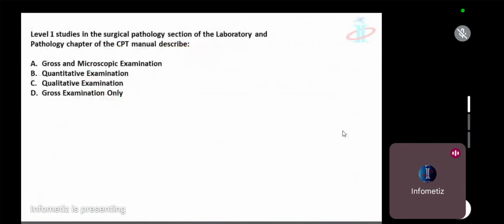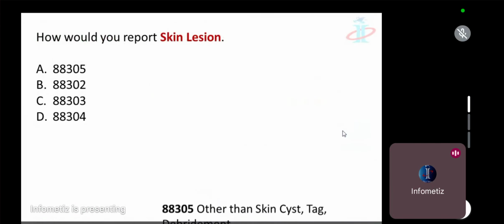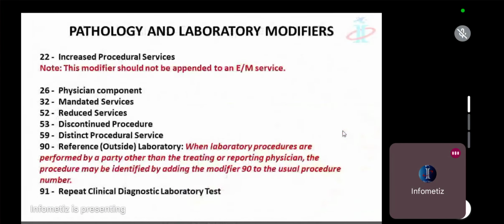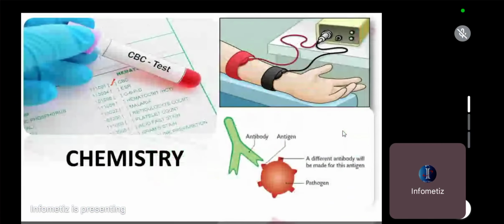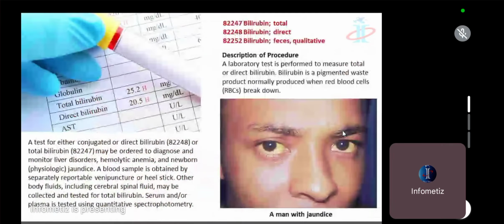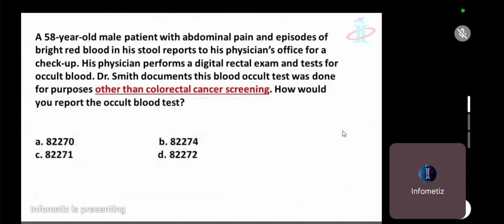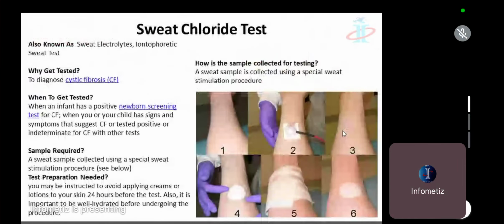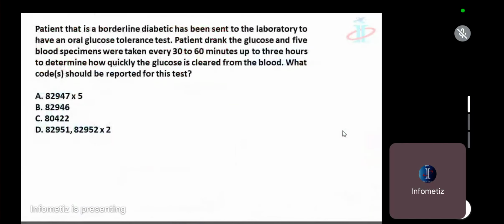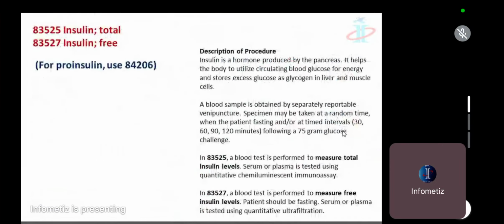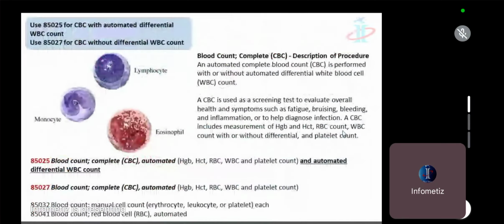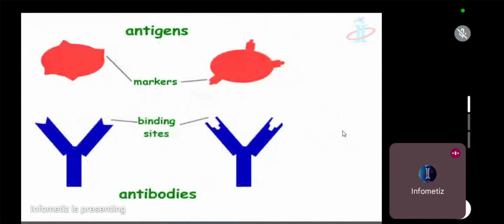Okay, come to 82270. I hope everyone got the code. If anyone has not, then please let me know. What is the page number? 676 in the new book. Let me come to that code.